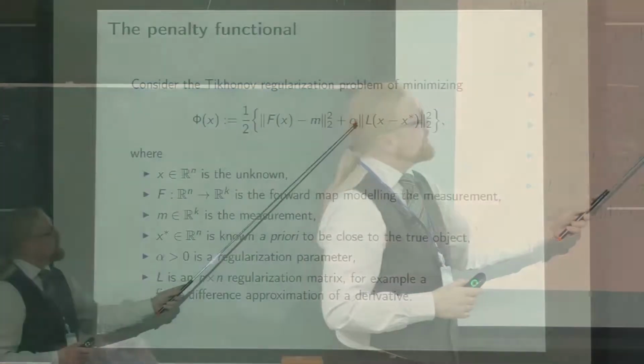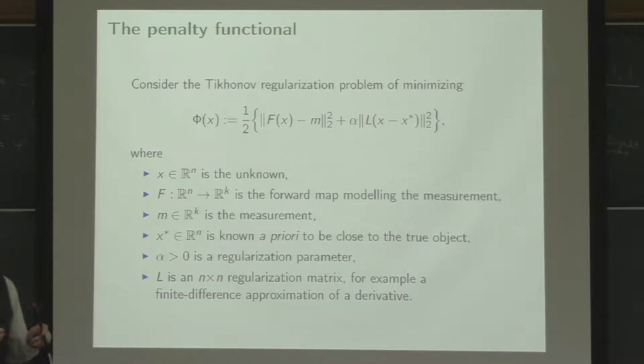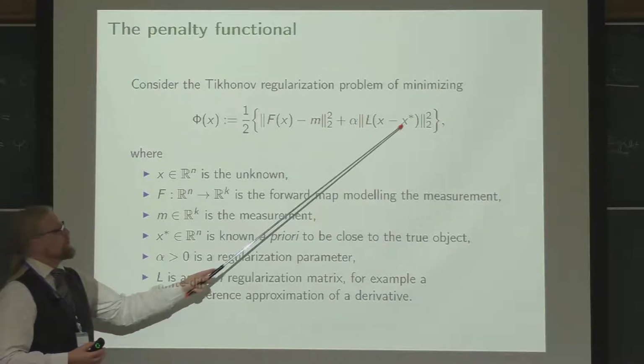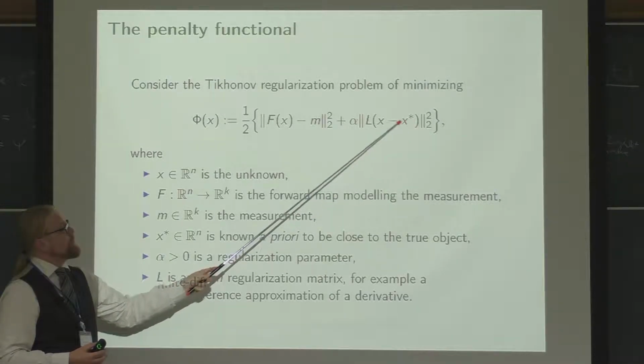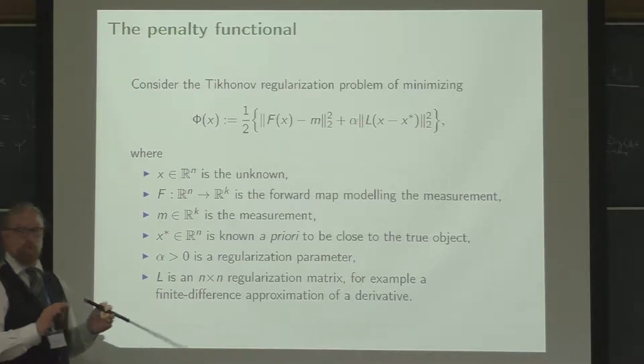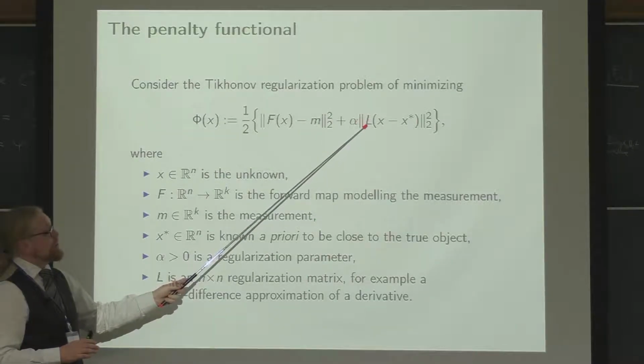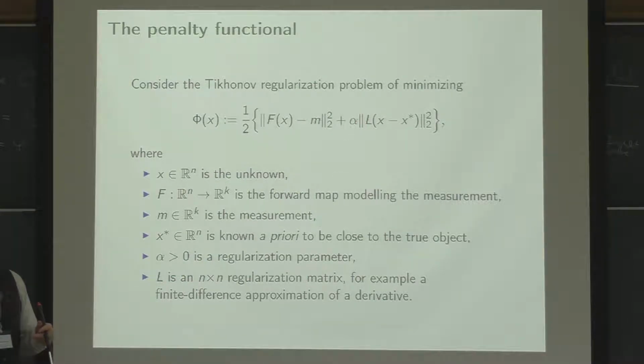And this L can be the identity, or it can typically be a first order or second order derivative, like a finite difference derivative. Then it will favor smooth solutions. Then you could also have a discontinuous guy here, and then the difference between x and the discontinuous guy must be smooth. There are many tricks that you can do, and these can also include directed derivatives and even some geometric information.